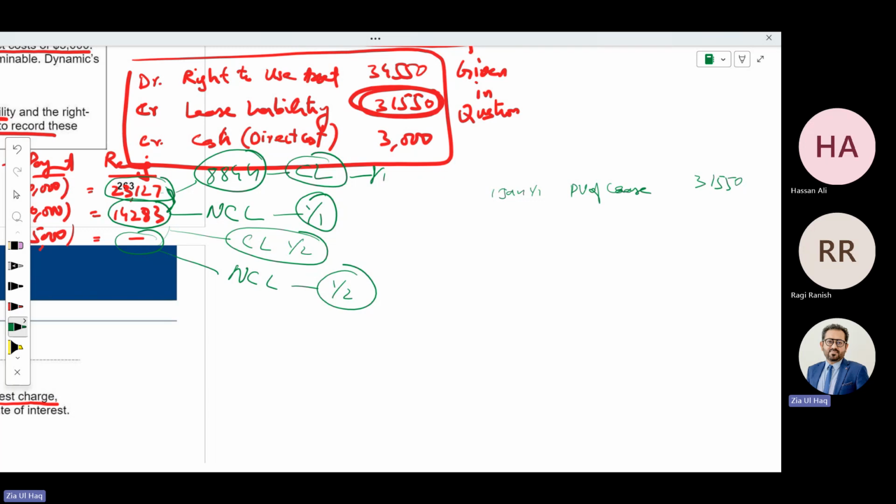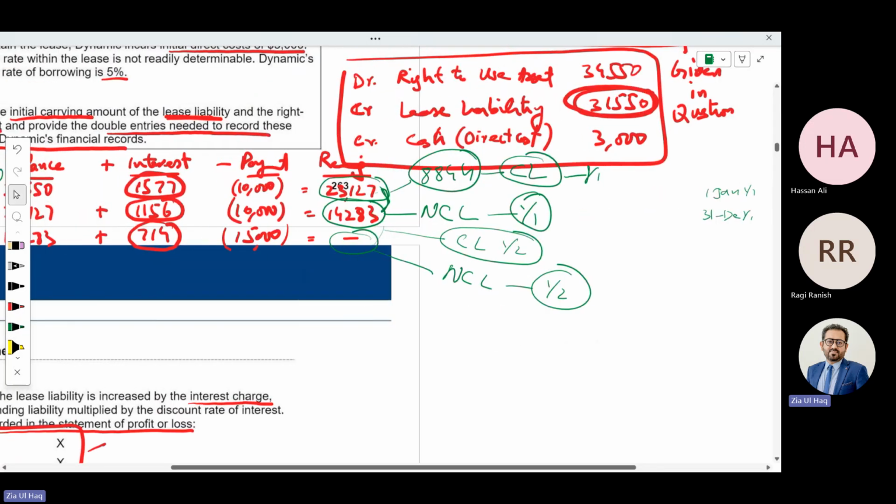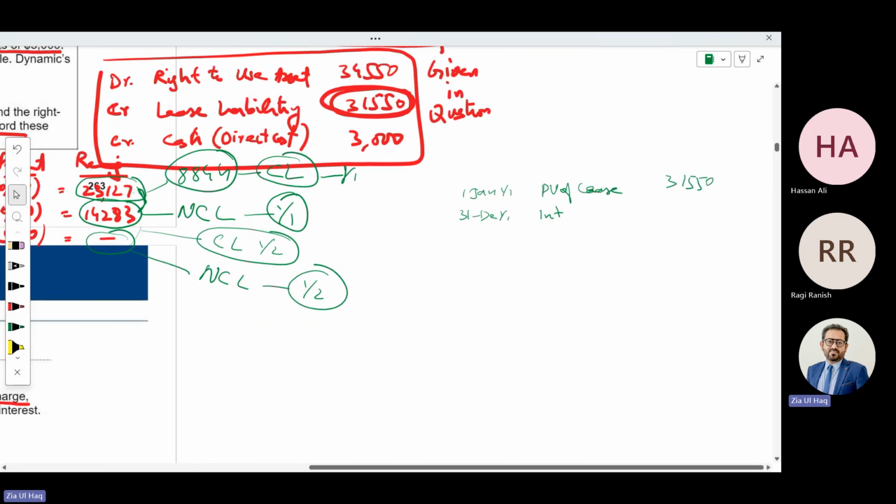In that we need to add interest at 31st December year one. So interest will be added, and interest was 1577. At the same date we will make a payment of 10,000. So the remaining balance at 31st December will be 23127.